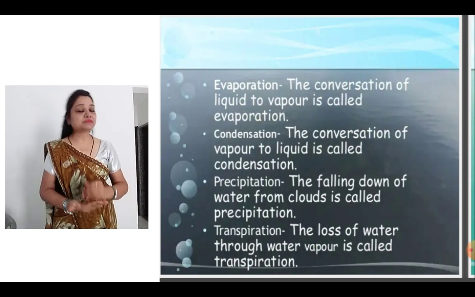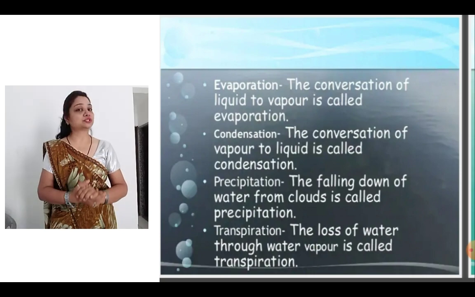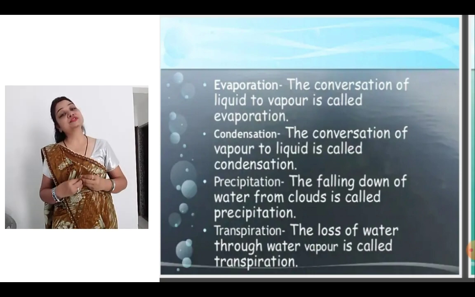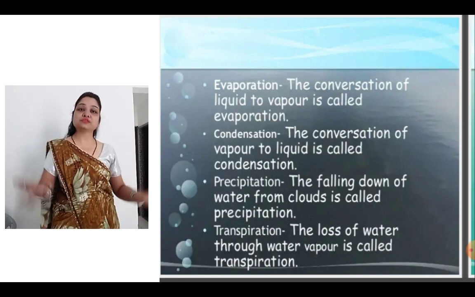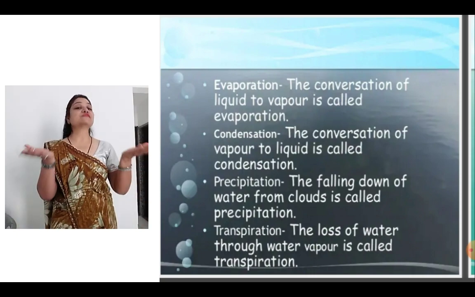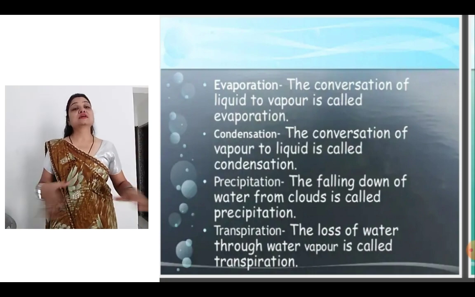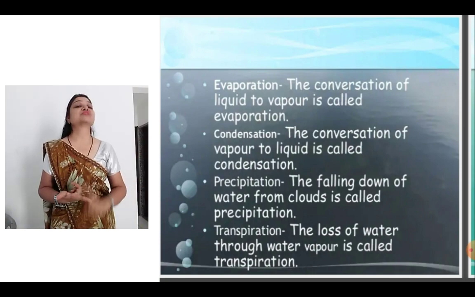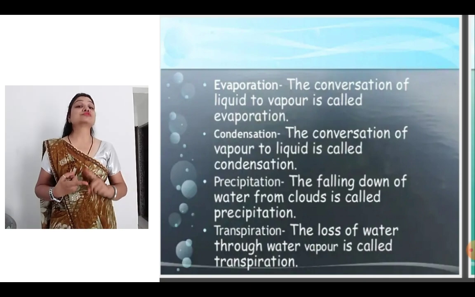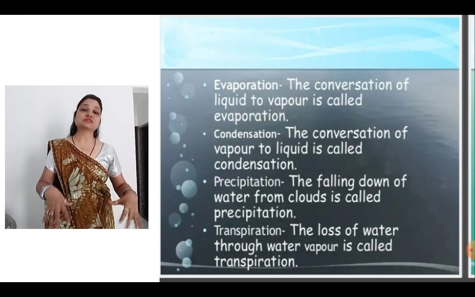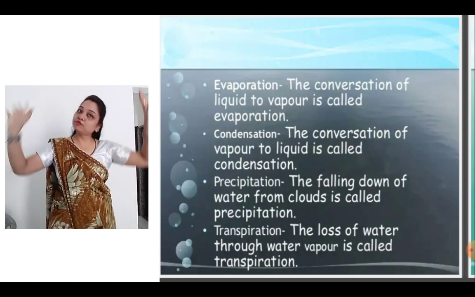Evaporation is the conversion of liquid to vapor. From the water bodies, the water gets evaporated due to the sunlight, right? And one more process, transpiration, the loss of excess water from the plants, is also responsible. The water goes into the atmosphere.